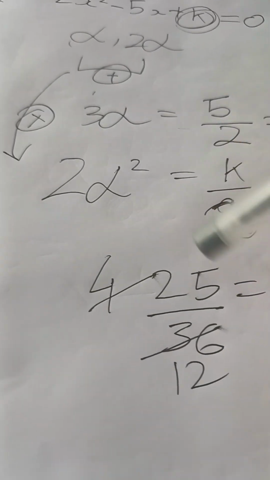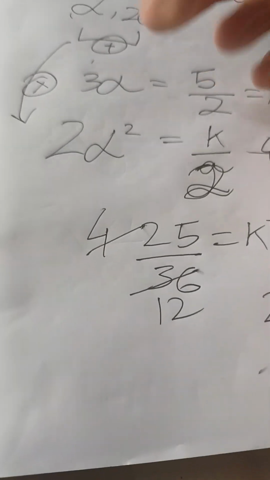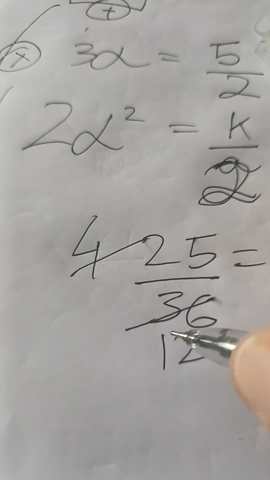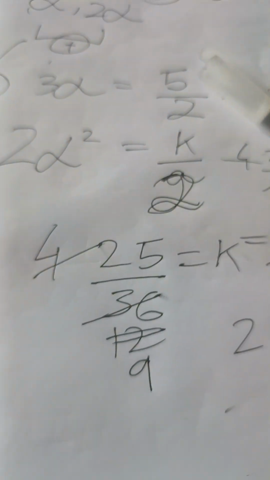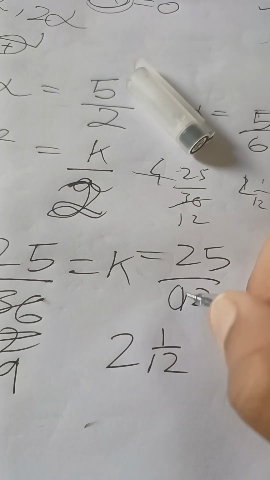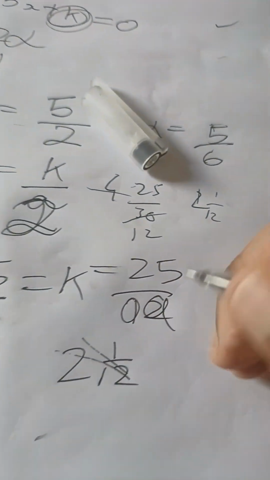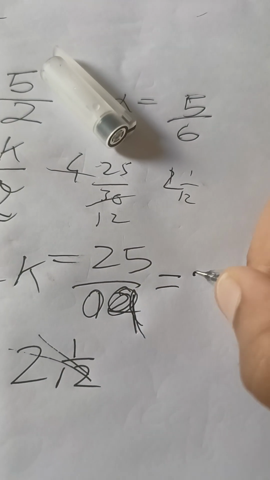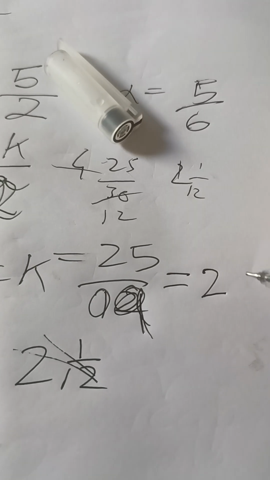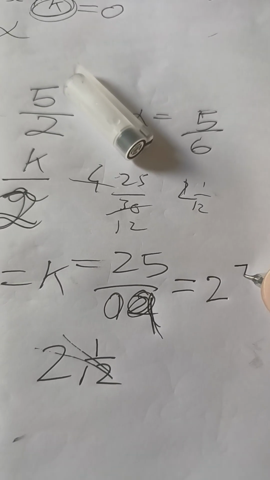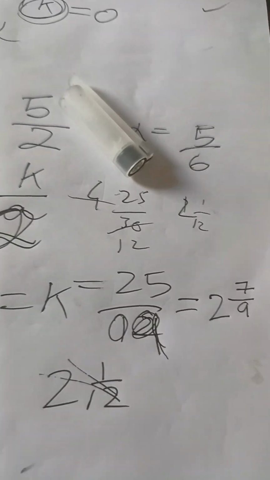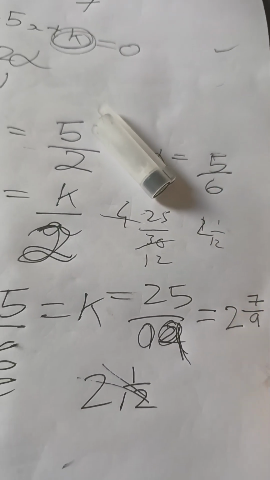Okay guys, I took my medication again and I found out 36 divided by 4 is actually not 12, it's 9. So this is 25 by 9, and that becomes 2, and the remainder is 7 by 9, which is actually the answer. Okay, my phone is officially out of storage now.